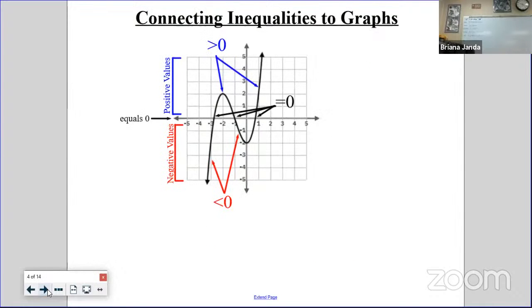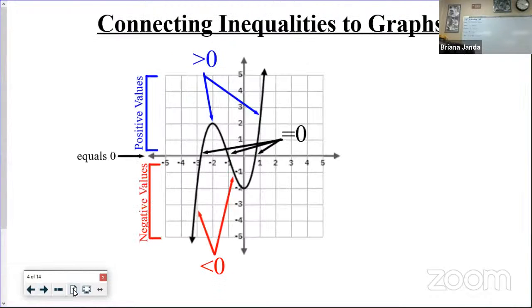I know there's a lot going on, so let me explain what you're seeing in this picture. We have graphed polynomials. We found out the behavior, we found our zeros, whether it's going to bounce or cross through, all of that stuff. But what I want to do is take a closer look at what that means about our polynomial.